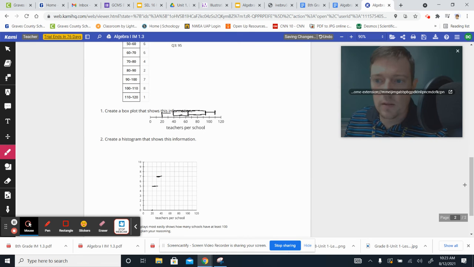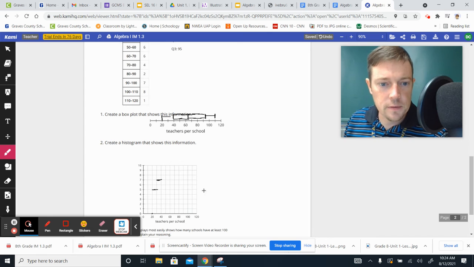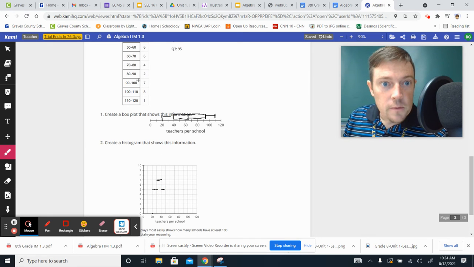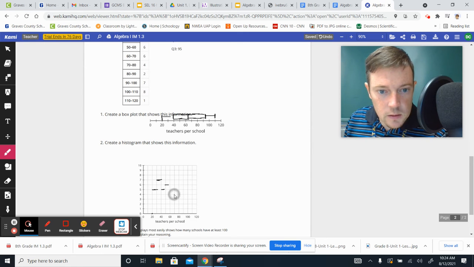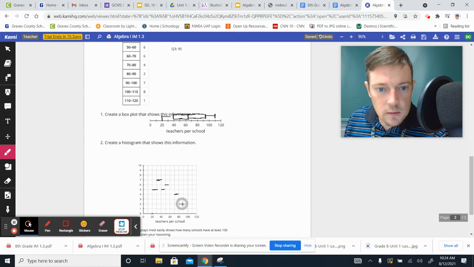And then the next one is 40 to 50. It's 5, which would be right there. 50 to 60 is 6. So we've got a line there. 70 to 80 is 4. 80 to 90 is 2, two in that interval. 90 to 100 is 7, so that one's going to be a little taller.